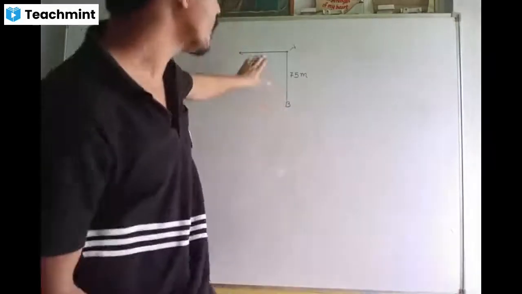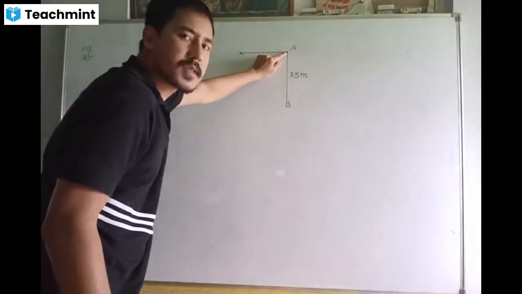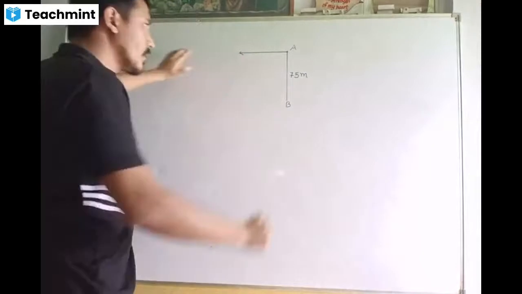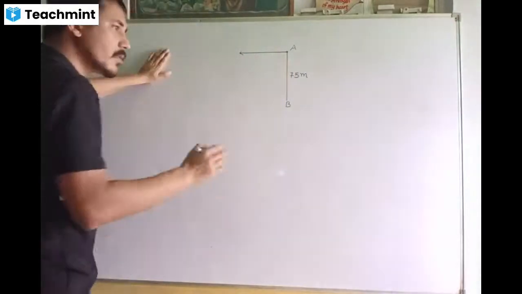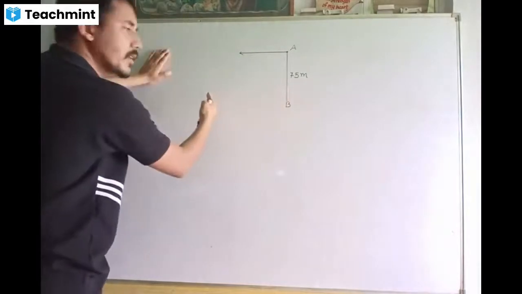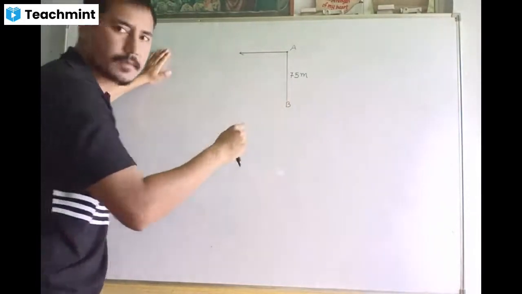So, the observer is at the top of the lighthouse. From the observer's eye, we always draw a straight line known as the horizontal line. And this observer is looking down at the two ships. Those two ships are on the same side of the lighthouse, one exactly behind the other.